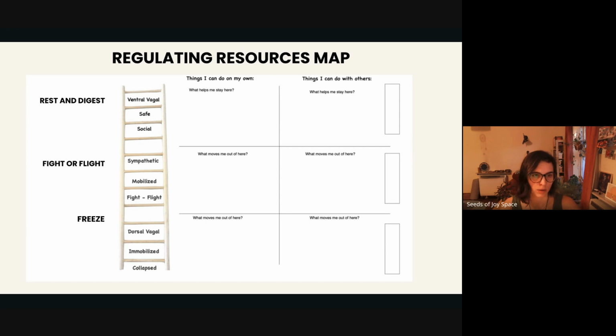And then the last one is rest and digest. The question here is: what helps me stay there, on my own and with others? Obviously we don't want to get out of there, so the question is, what helps me stay there?